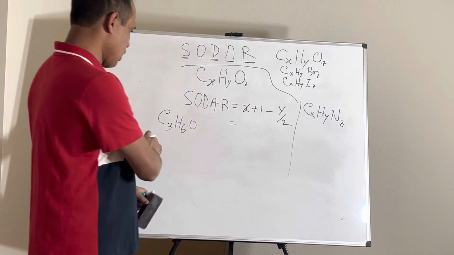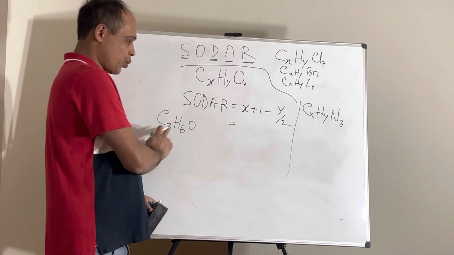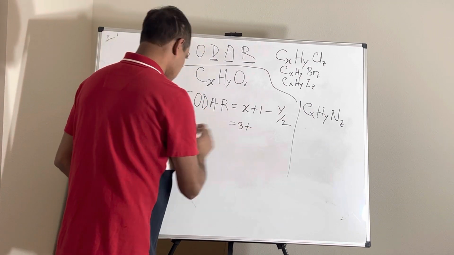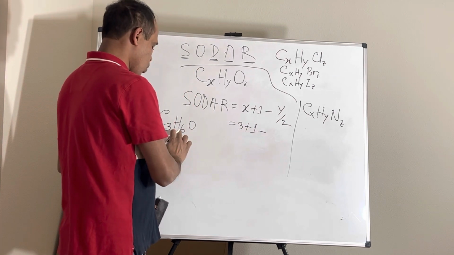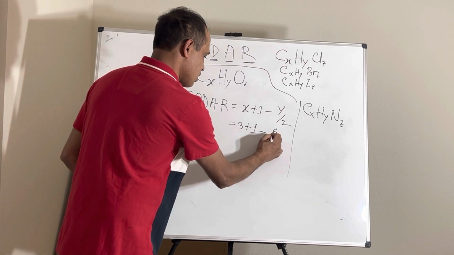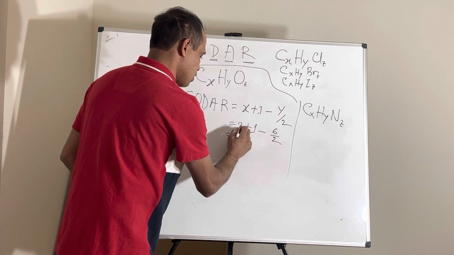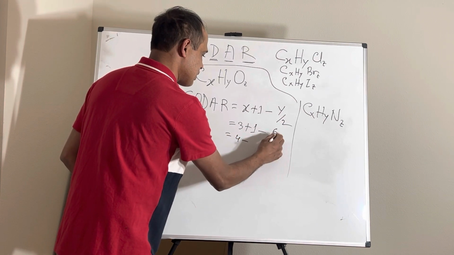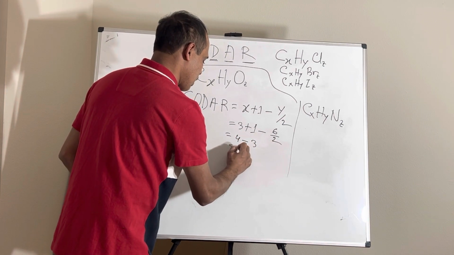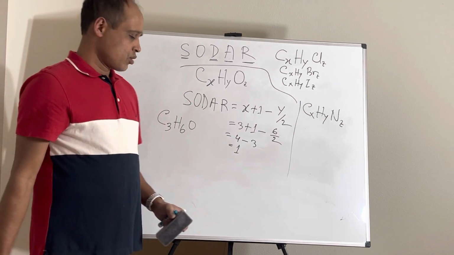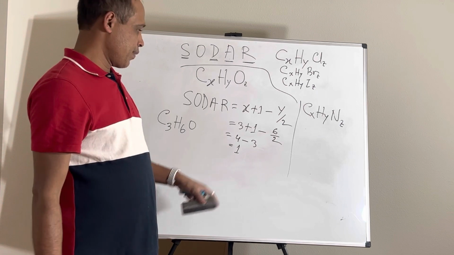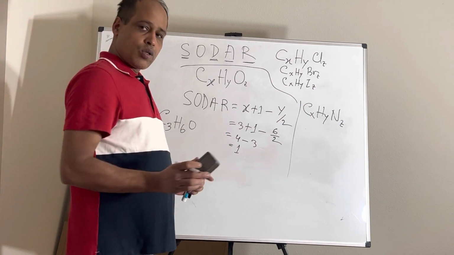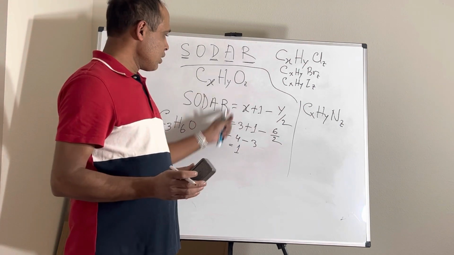So for this, the X value is 3, so 3 plus the equation 1, minus Y is 6, so 6 divided by 2. So 3 plus 1 is 4, minus 6 by 2, which is 3. So again the SODAR number is 1. For this molecule, you will get the SODAR number 1. Okay? So I think till now it's clear.